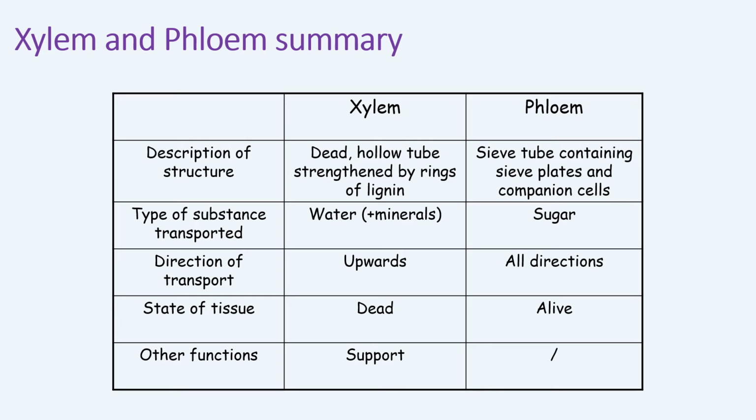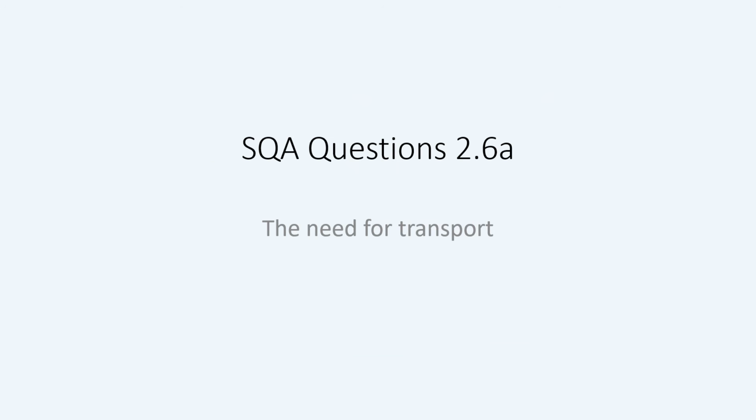The phloem contains sieve tubes containing sieve plates and companion cells, so that's the structure, and it transports sugar. It can transport the sugar in all directions, and the state of its tissue is alive and it doesn't have another function. So make sure you know this table before you move on to the next part.